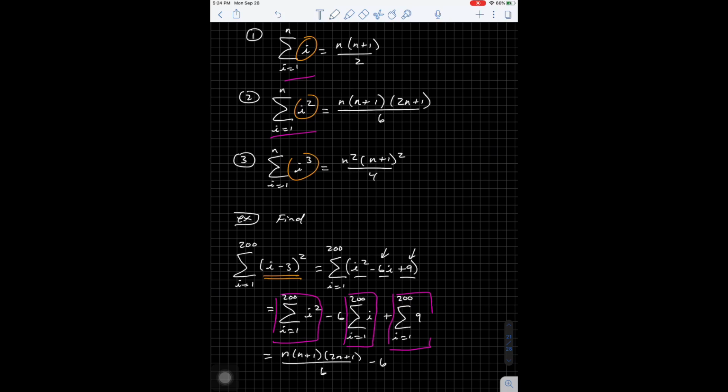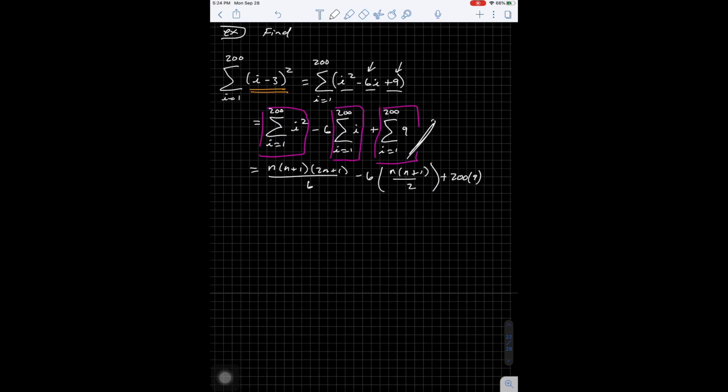Okay, minus 6 times the formula for i, which is n times n plus 1 over 2. Plus, this guy is just going to be my n times whatever number I've got there. Okay, and then I'm going to do a little bit of algebra.